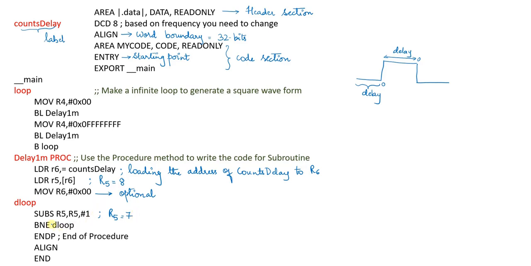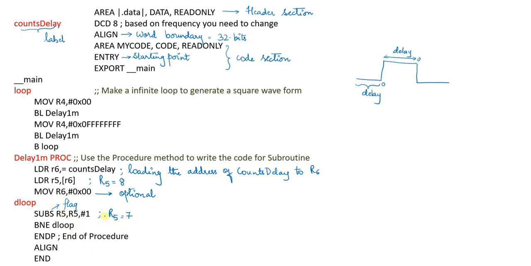In SUBS, you have the S there, which indicates that the flags are updated. So BNE is going to check if the value of R5 is equal to 0 or not. If it is not 0, then it is going to move back to the D loop.